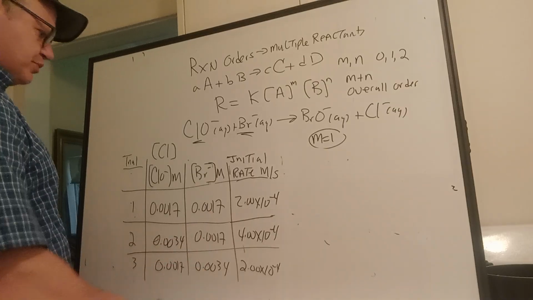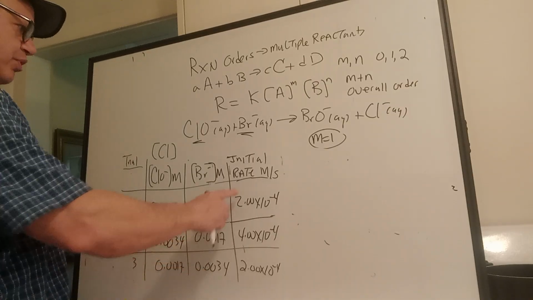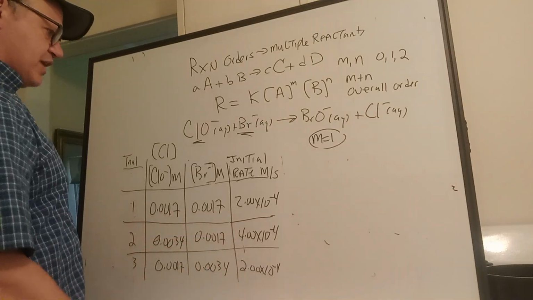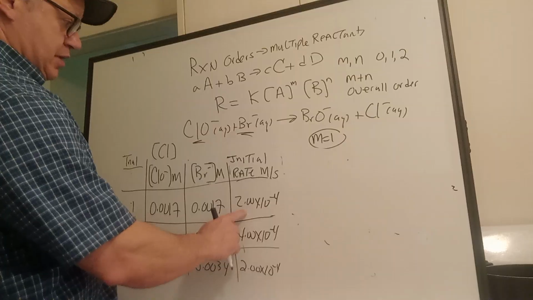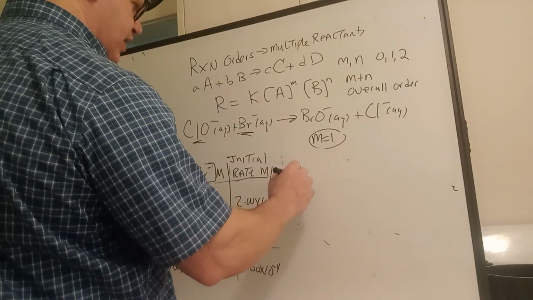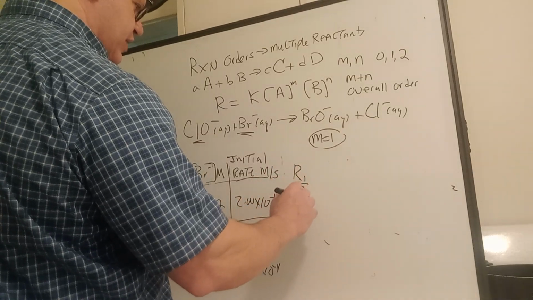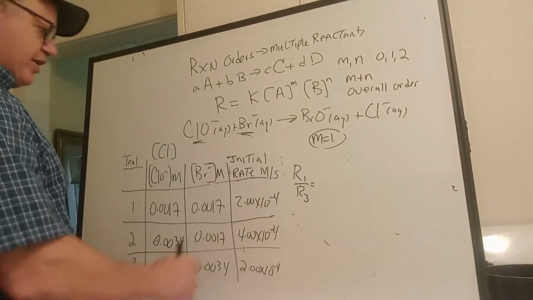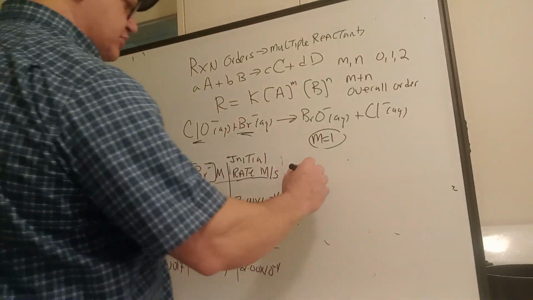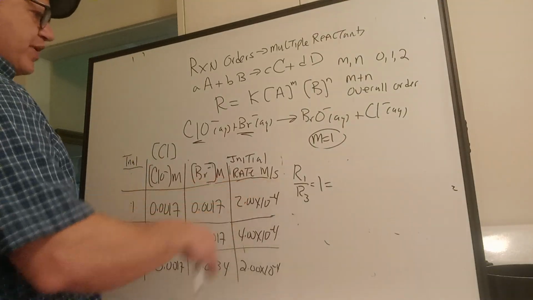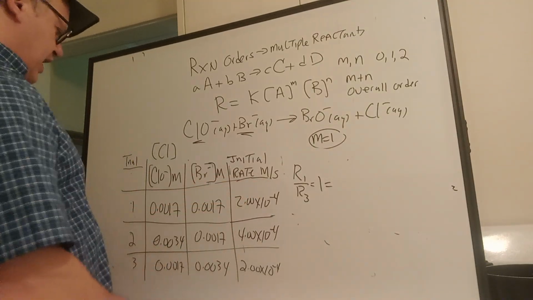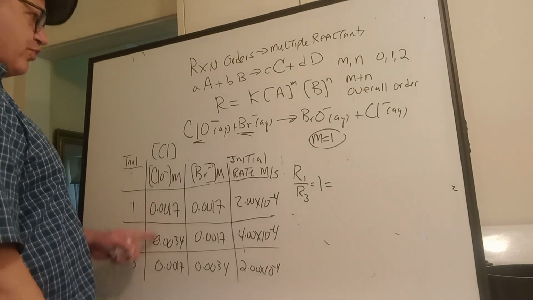Between trials 1 and 3, the rates are the same. So from trial 1 to trial 3, the rate did not change. So that's 1. Again, the rate constants cancel out.